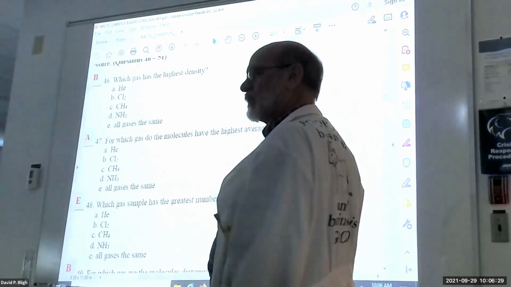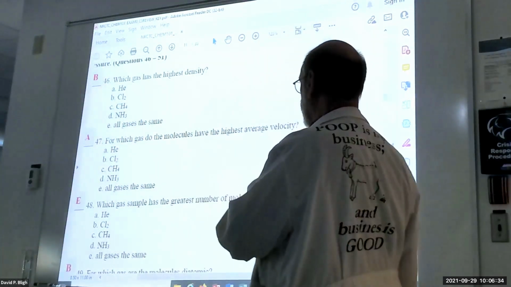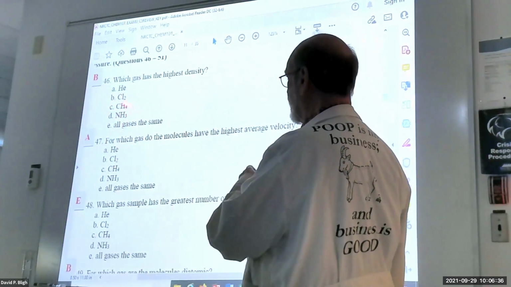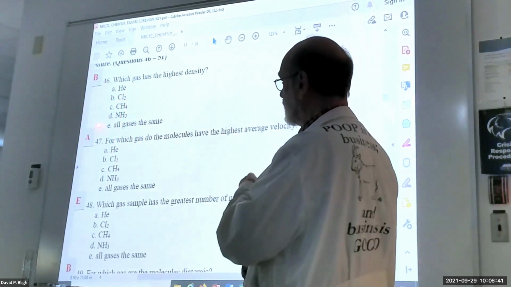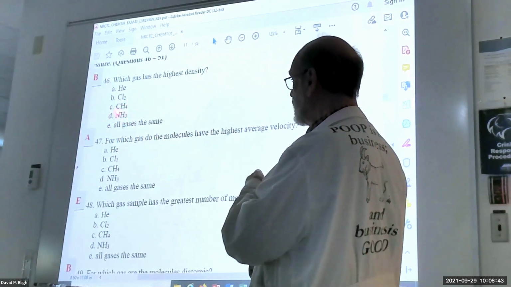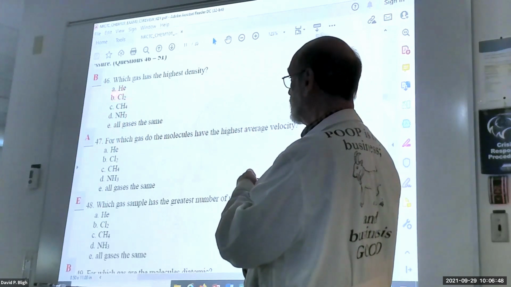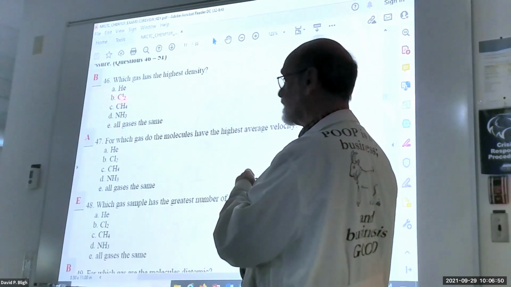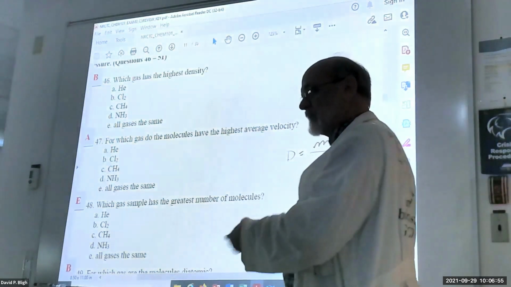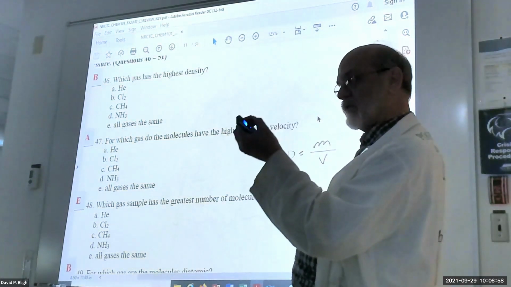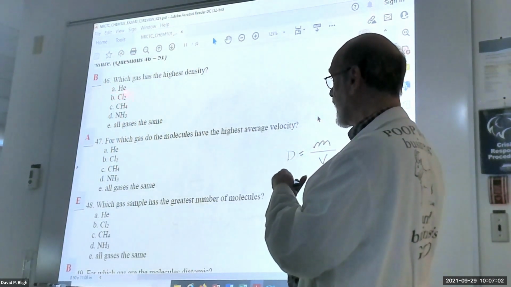Chlorine is 35 plus 35, about 71 grams per mole. Methane is 12 plus 4, 16. Ammonia is 14 plus 3, 17. So the heaviest molecule in here is chlorine, which means its density would be greater also. Same number of particles, but each one is massive compared to the rest. That's why the density of chlorine gas should be higher.